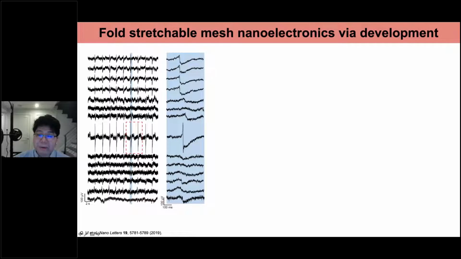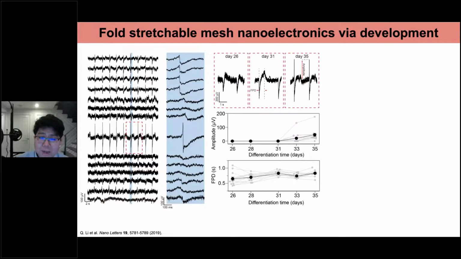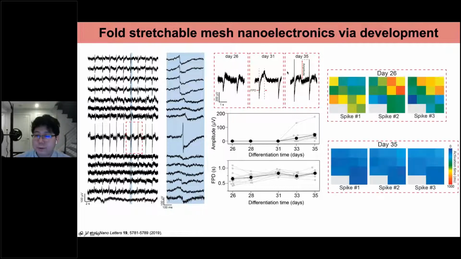And using those embedded sensors, we can capture multiplex electrical recording at single cell, single spike resolution. And we can even capture the developmental process of those electrical waveforms. The waveforms start with a slow calcium wave, gradually the hyperpolarization emerges, and ultimately there is a depolarization spike, which indicates different ion channel expression from those cells.